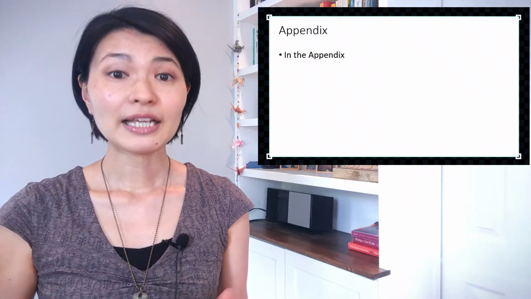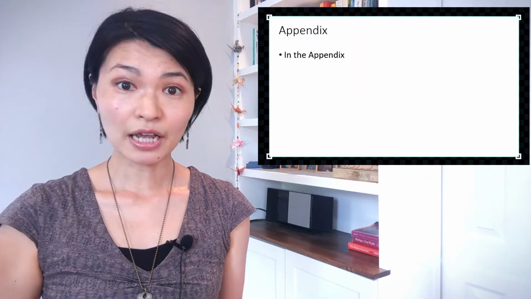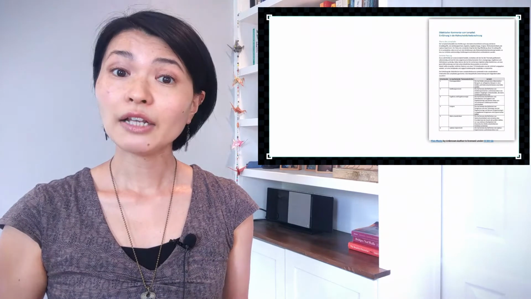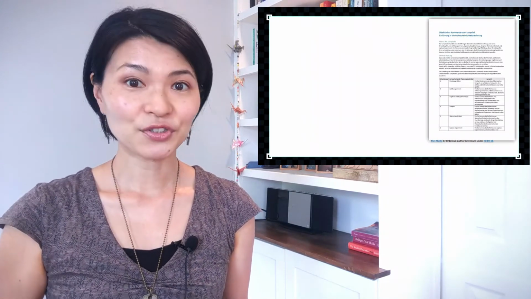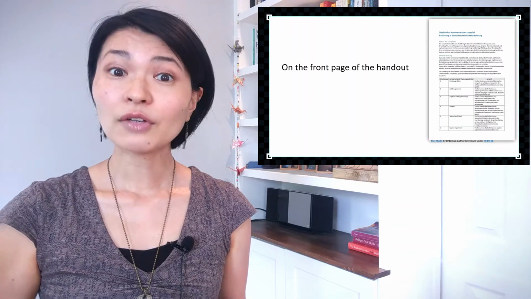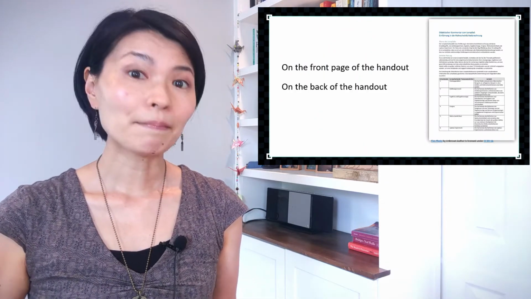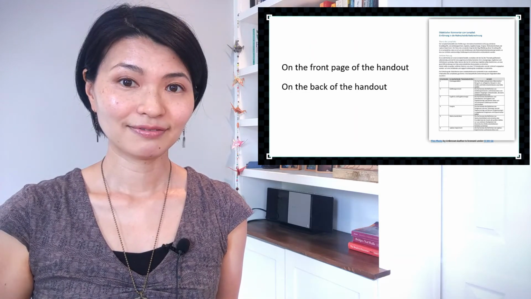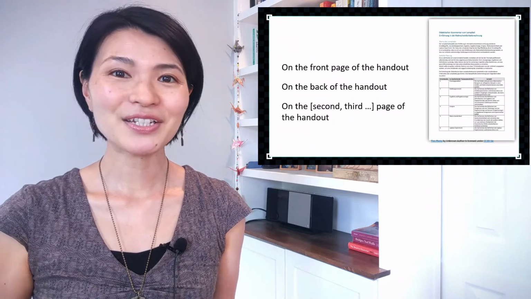Then you might say in the appendix. If you have a handout in your presentation, and if you want to refer to a specific page, these are the phrases to use. On the front page of the handout, on the back of the handout, on the second or third page of the handout.